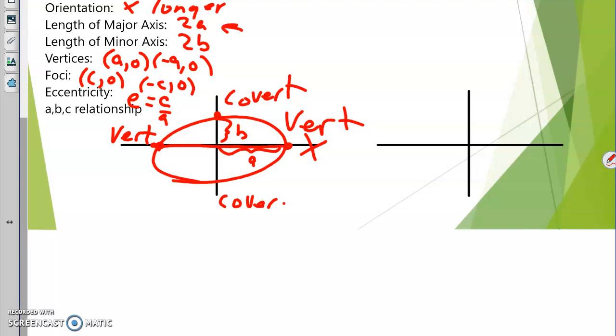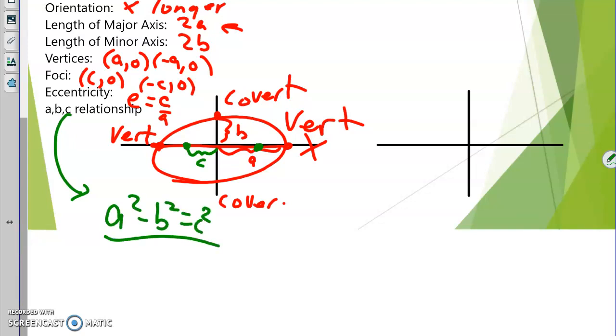Now our foci, we know there's 2 of them in an ellipse, and we're going to call that distance C. Our relationship of A to B to C in an ellipse is that A squared minus B squared equals C squared. And we'll see that that relationship changes when we get to hyperbolas in the next section.